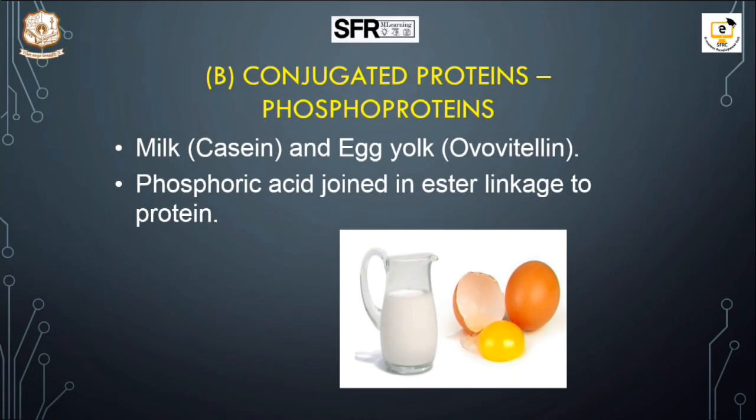The next one is phosphoprotein. When phosphoric acid is conjugated with a simple protein, it is called phosphoprotein. In milk, the phosphoprotein is casein, and in egg yolk it is ovovitellin. Phosphoric acid is joined by ester linkage to the protein.